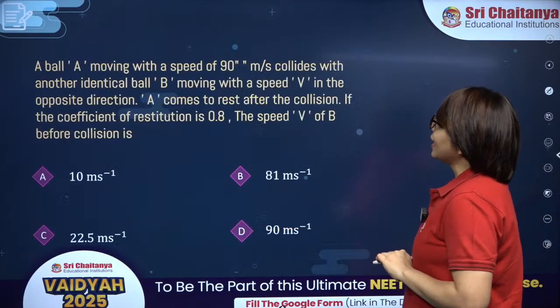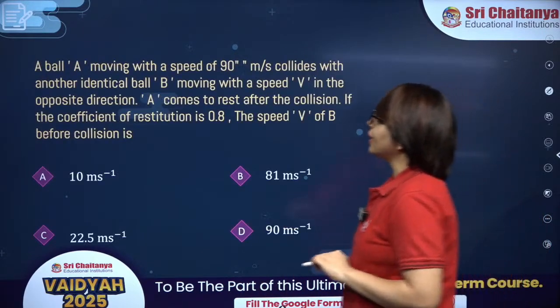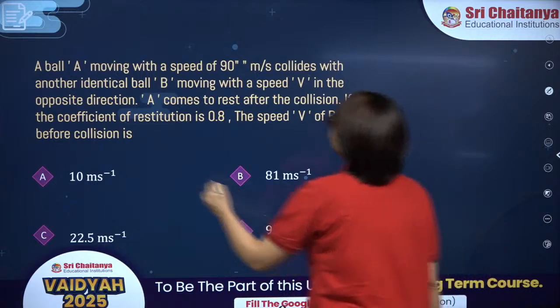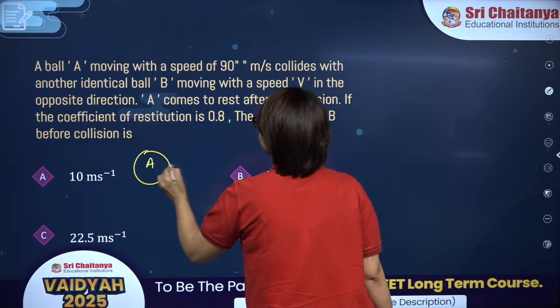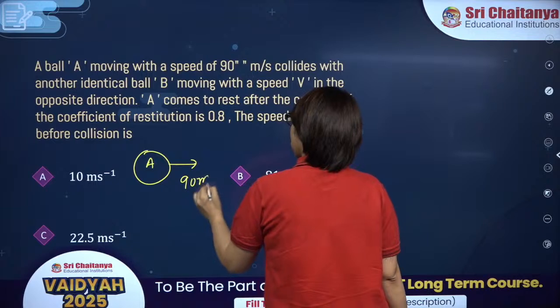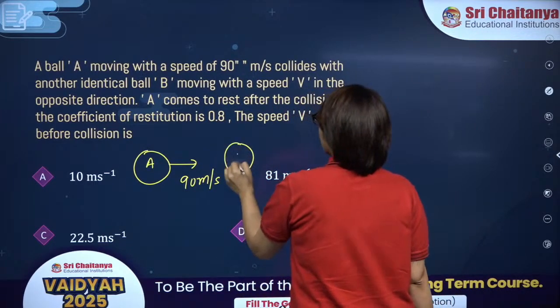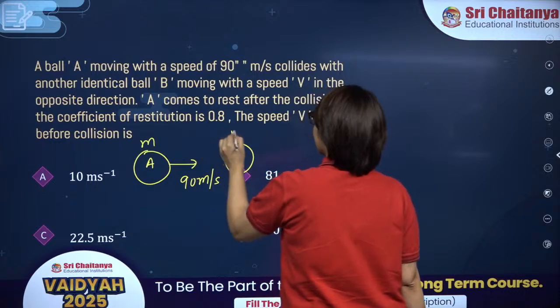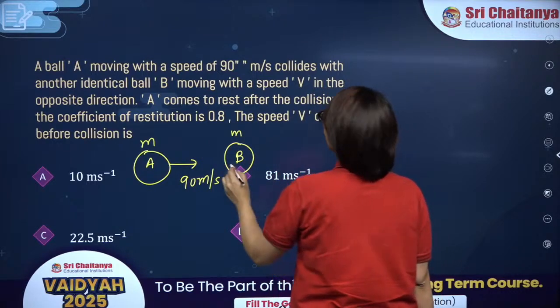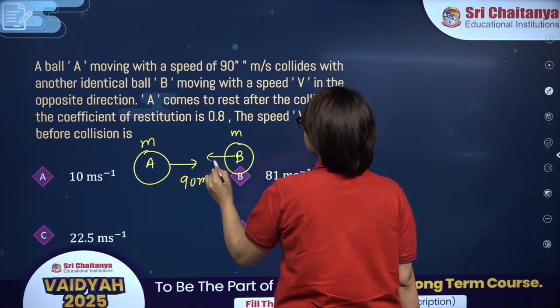Chaliye. Next is this one. Ball A is moving with speed of 90 meter per second, collides with another identical ball. That means both of these are having same mass, moving with speed v in the opposite direction.